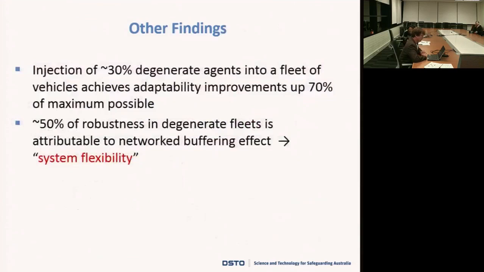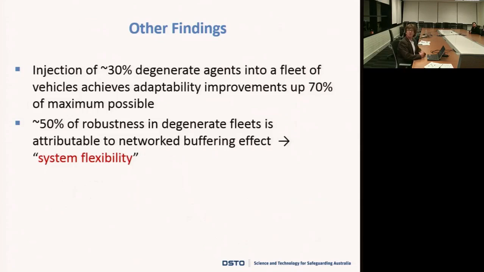Other findings that we did from looking into design: you could ask this question, how many agents can you inject to actually get those benefits in adaptability? And actually, you don't need to turn every agent into a functional plastic agent.